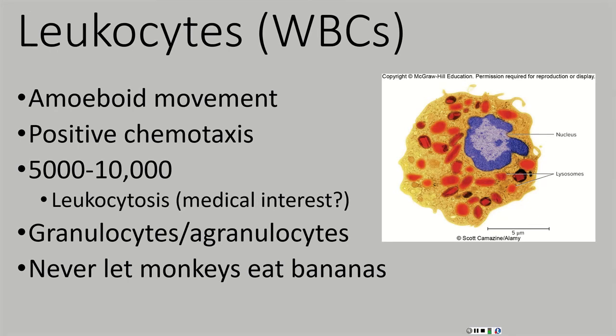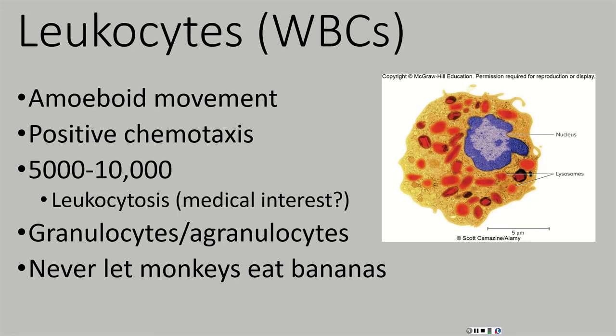So, they also exhibit something called positive chemotaxis. Well, chemotaxis really means movement in response to some chemical. Now, there's lots of different chemicals that can cause chemotaxis. This is just a generic term. Chemotaxis is movement in response to a chemical.